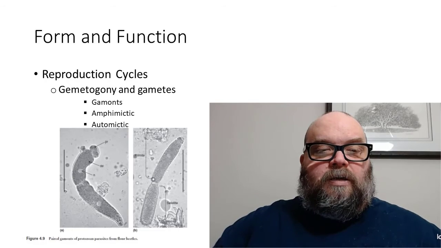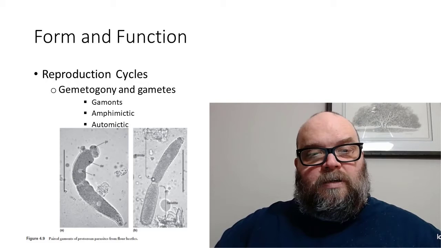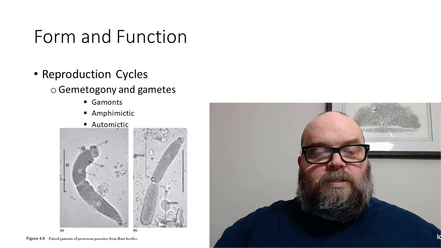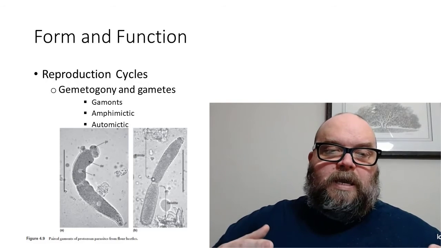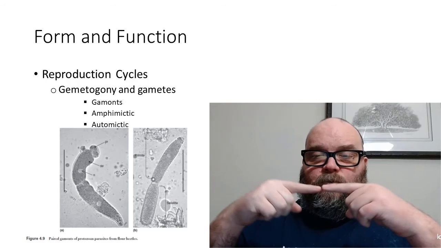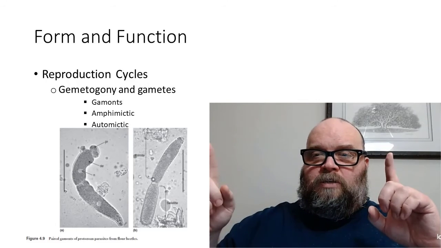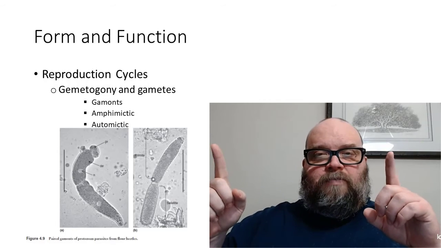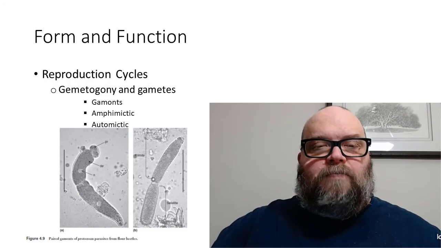And when you look at the gametogeny, the gamonts, these guys, depending upon whether you're talking amphimictic or automictic, meaning it makes the gametes that it can then fuse with on its own, makes both that will then fuse, or you need two different organisms making gametes that will later come and fuse together.